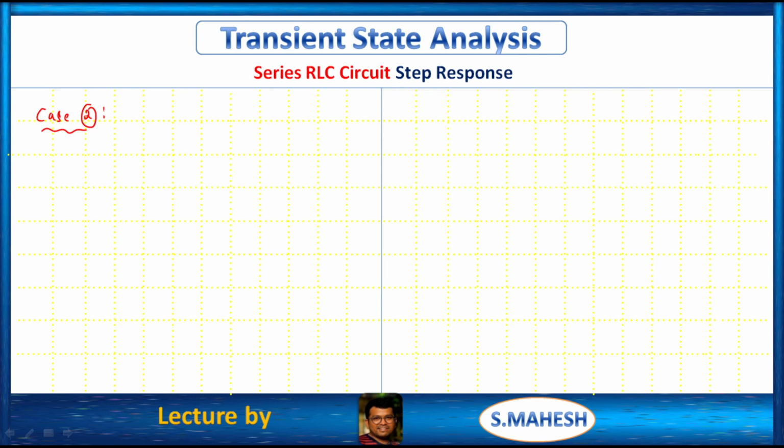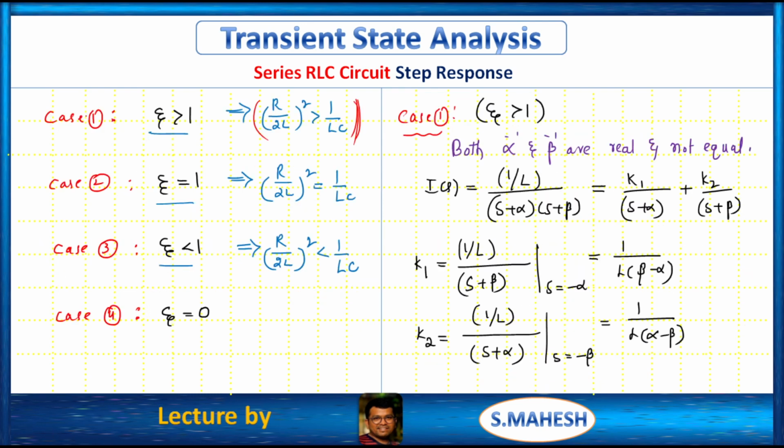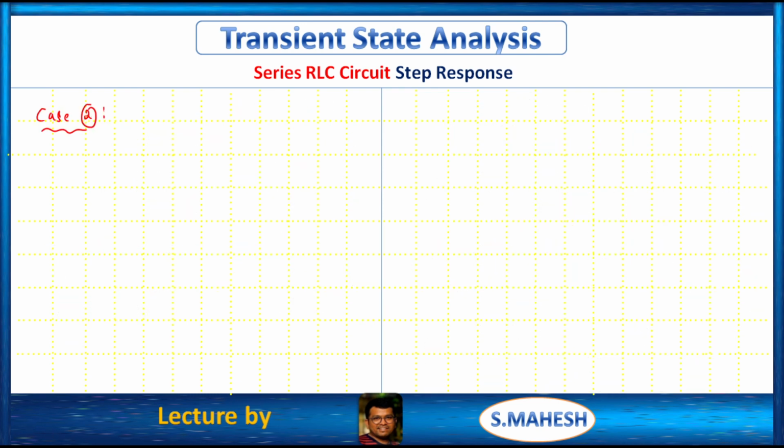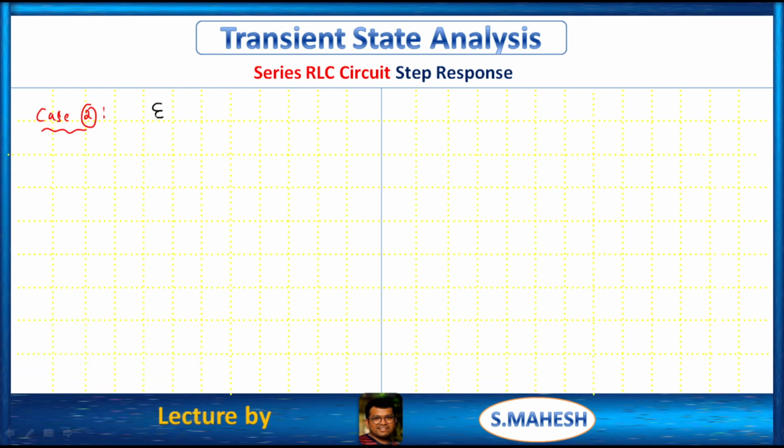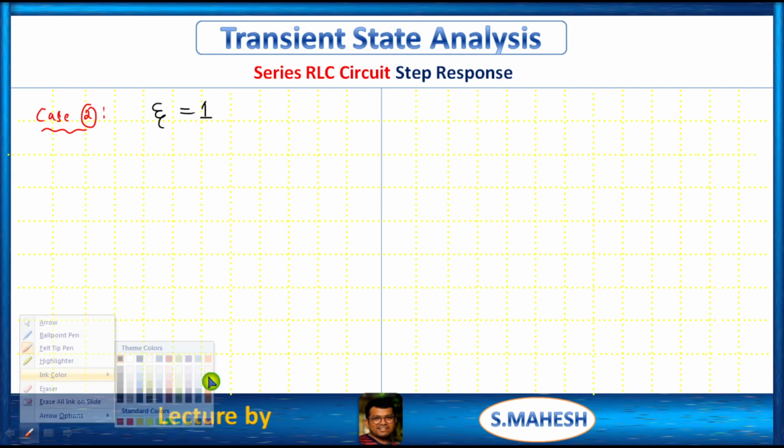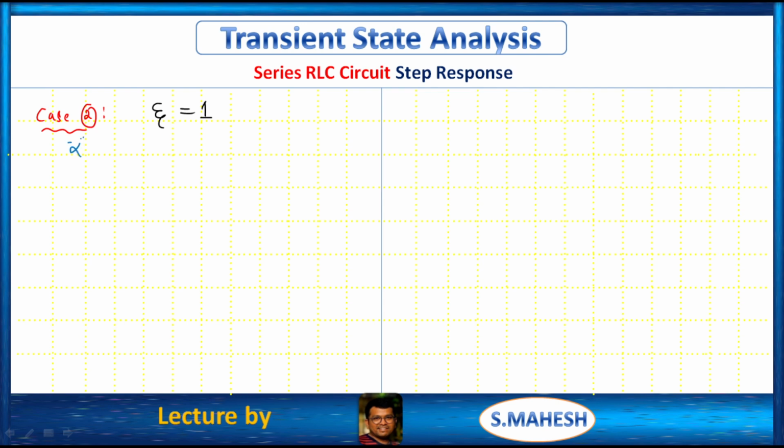What is case 2? What we have discussed: zeta equals 1. If it equals 1, what is the nature of the poles? Alpha and beta are equal to each other.